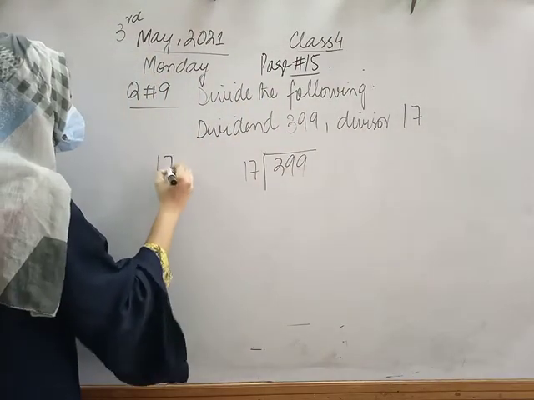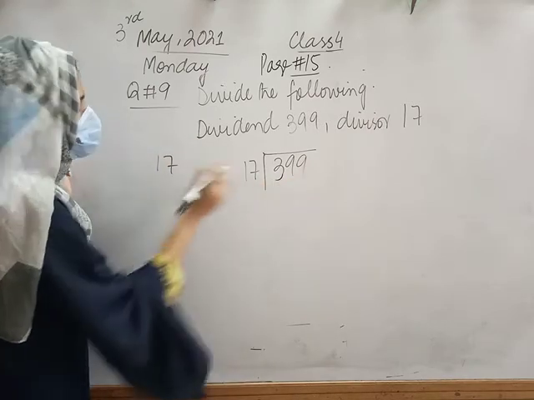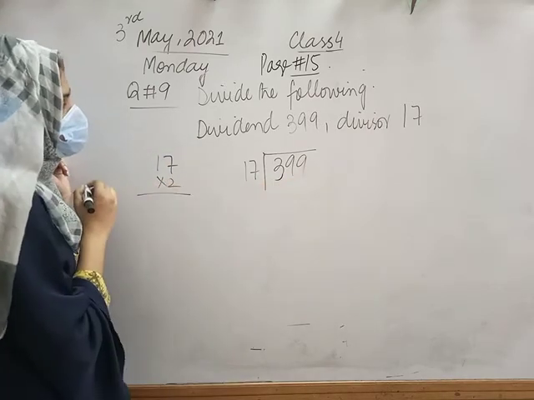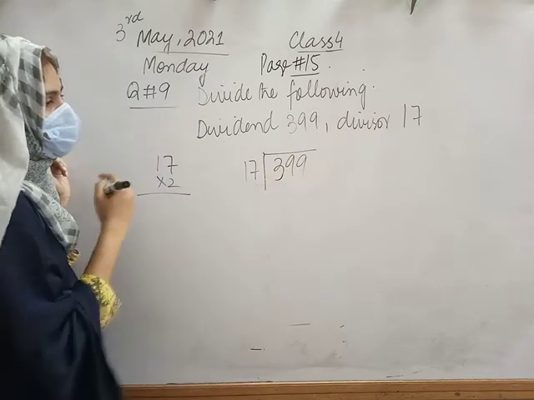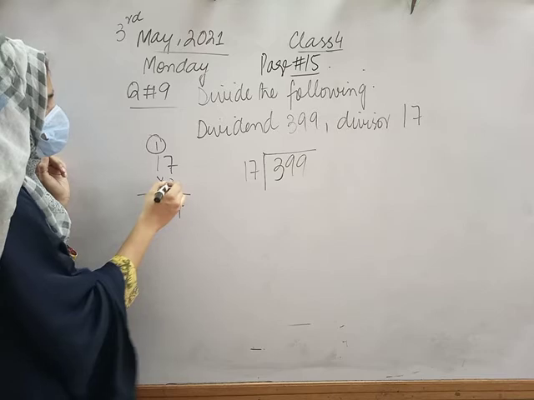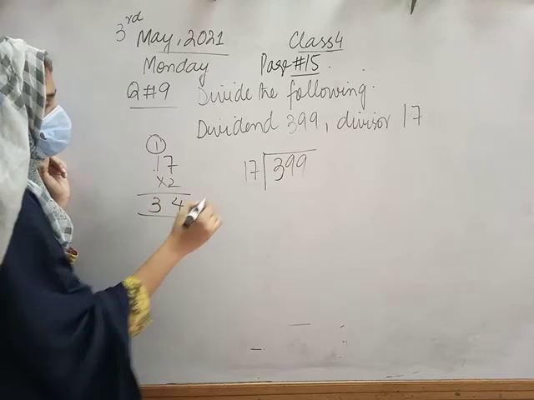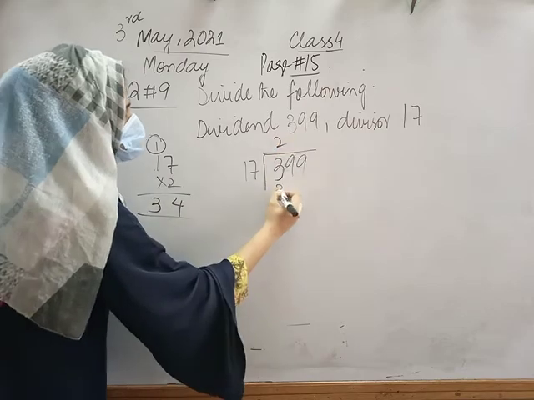Now we will take two digit number 17 2 times करके देखते हैं कि 39 के नियरेस्ट है कि नहीं. 2 7 times 14 1 carry, 2 1 times 2 and 1 add करेंगे so we get 34. So 17 2 times 34.